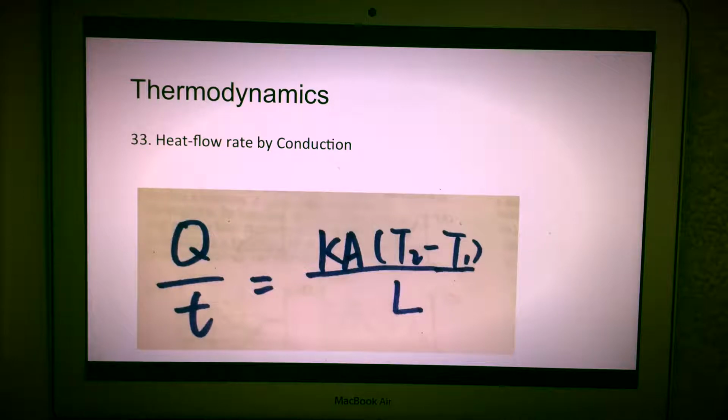So heat per second equals k, the constant, and A is the cross-section area when you touch something. When you use your hand to touch a wall, the area is the area of your hand. T2 minus T1 is the temperature difference, and L is just the length.